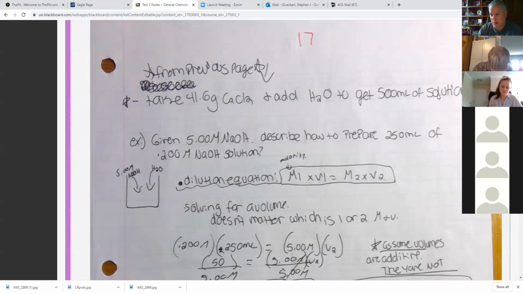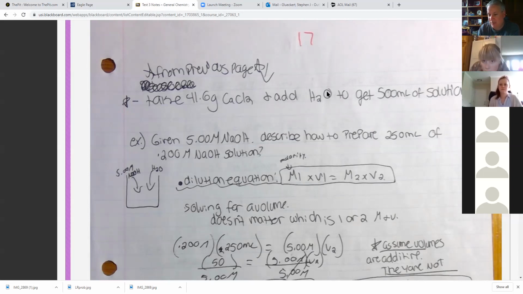Now, one thing I want to point out to you guys, and this is going to be a little bit difficult to see. I'm going to try and draw this on the whiteboard as best I can. After I explain it to you, we'll see how it goes. You need 41.6 grams of CaCl2. Your total volume of solution has to be 500 milliliters.